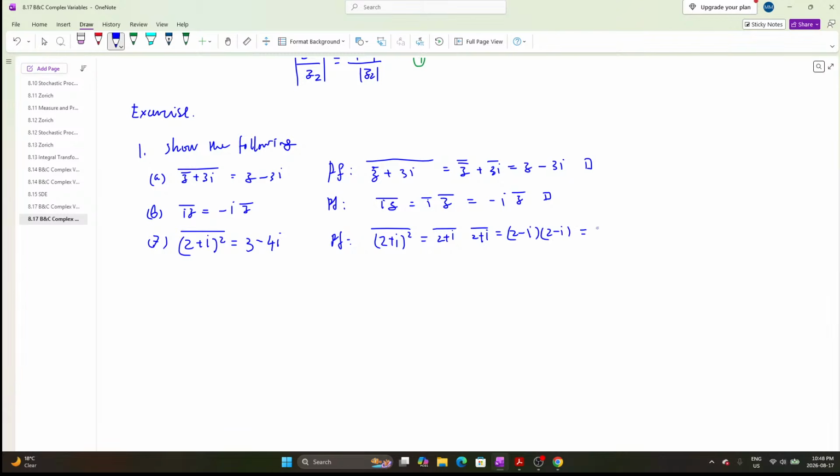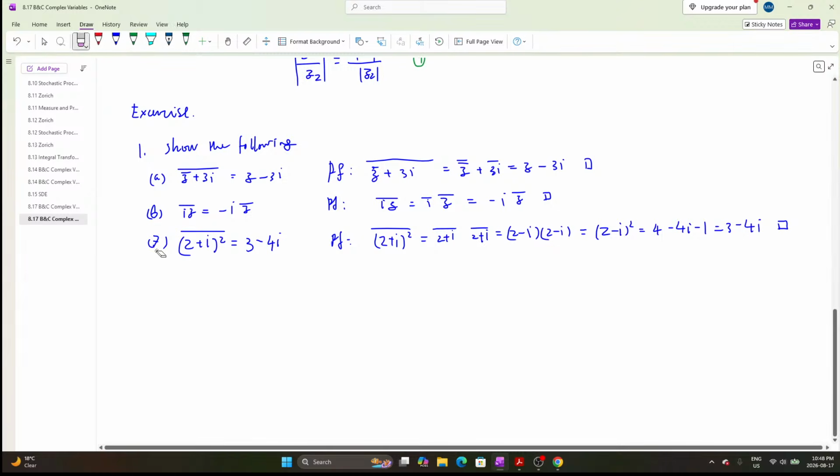So it's 2 minus i quantity squared, so that's a 4 minus a 4i, and then plus a minus 1. So that's 3 minus 4i, and we're done. This is part C.